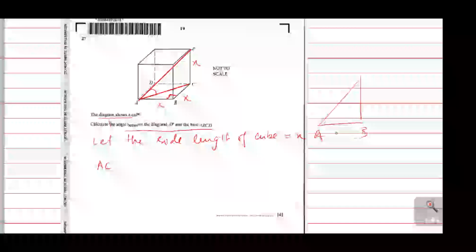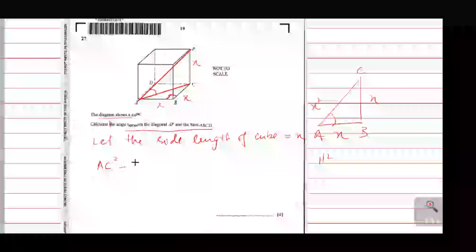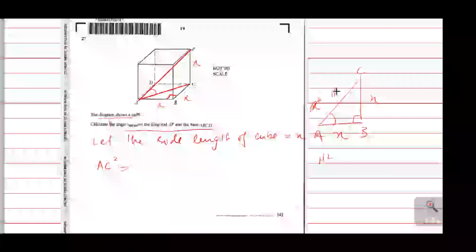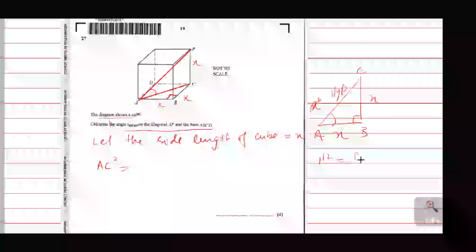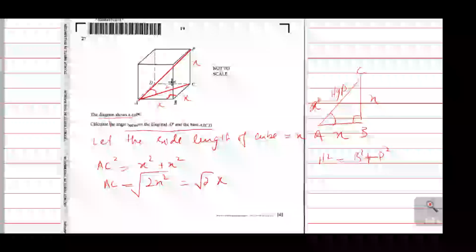AB is x, BC is also x, and for the AC length we can write AC square equal to, this is the hypotenuse, and the hypotenuse square equals base square plus perpendicular square. According to this, AC square equals x square plus x square, which is 2x square, and AC equals square root of 2x square, which is square root 2 into x.